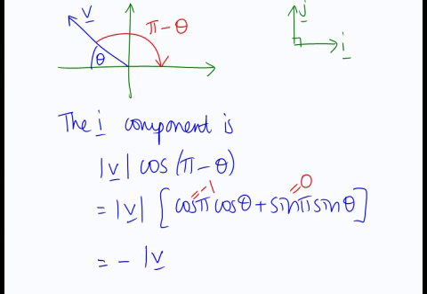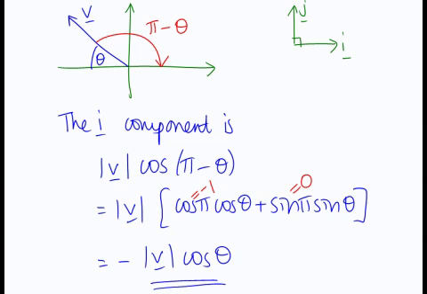So the i component of v is minus the modulus of v cos theta. And you ought to check that that does make sense. Should v have a negative i component? I hope you can see that it should, because v is pointing in the left rather than the right hand direction, and so we would expect it to have a negative i component.